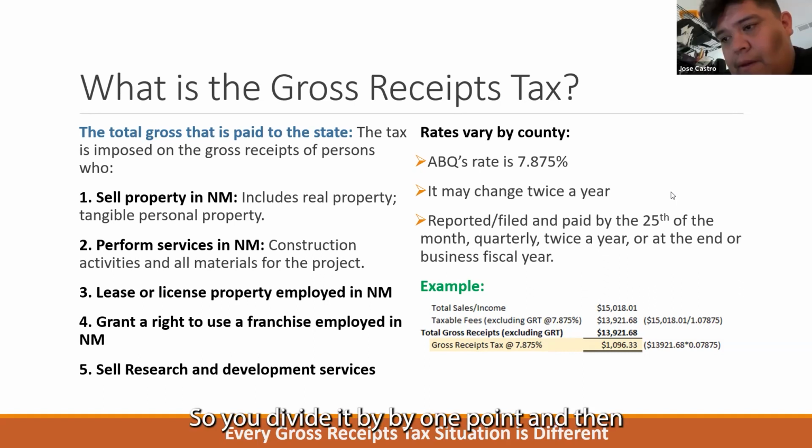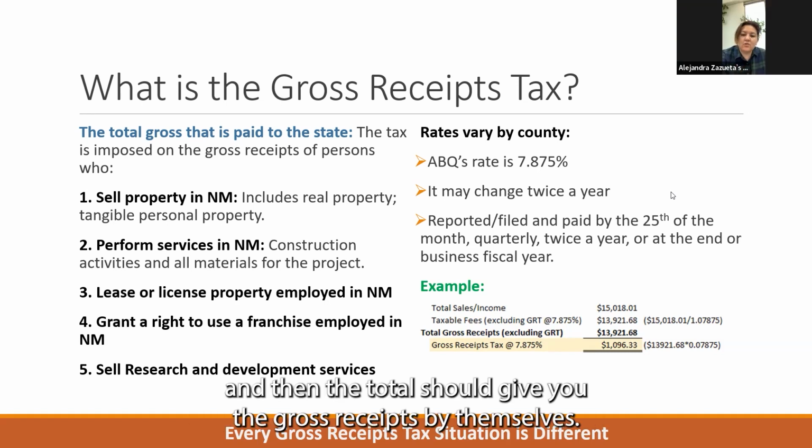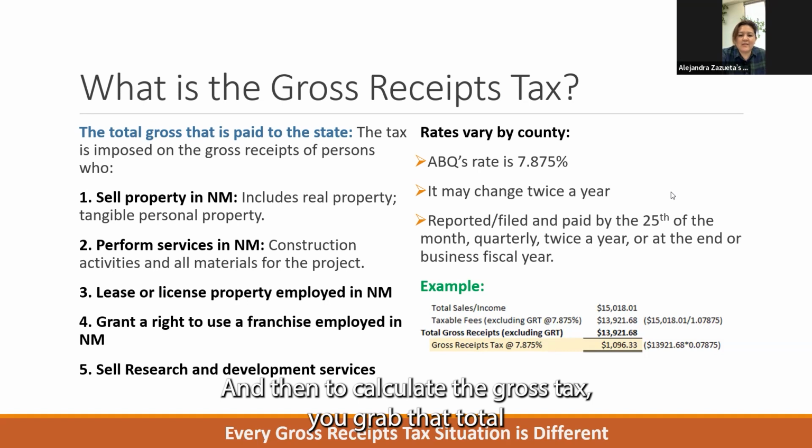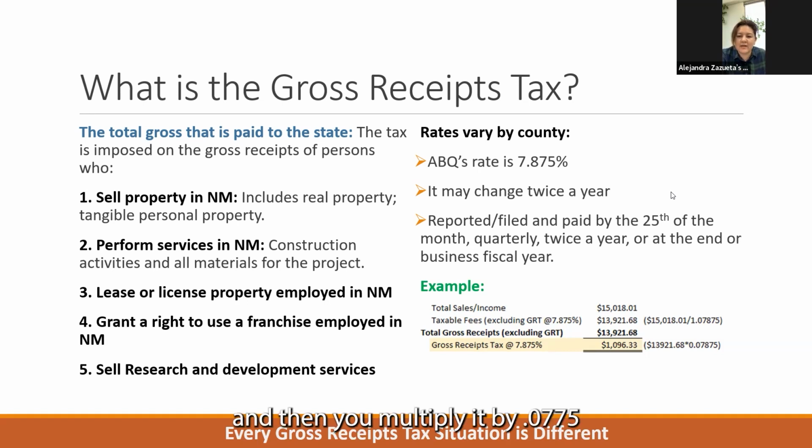So you divide it by 1 point, and then the total should give you the gross receipts by themselves, without any tax. And then to calculate the gross receipts tax, you grab that total and multiply it by 0.07875, or 0.0800 if it's 8%, and that's how much you pay in for the tax portion of it.